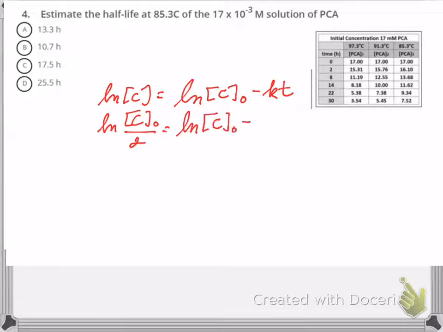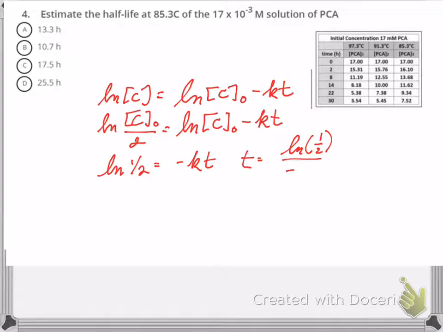We bring the ln of C0 over to the left-hand side, subtract and divide, as we did in class, and we can solve for the time this way. The ln of 1/2 and the concentrations cancel, divided by minus K.